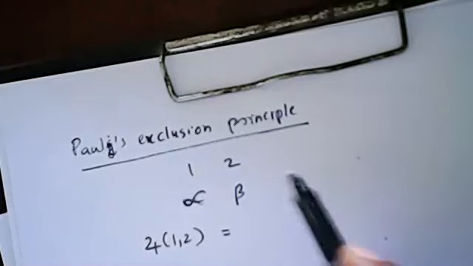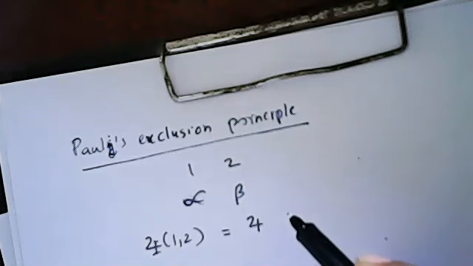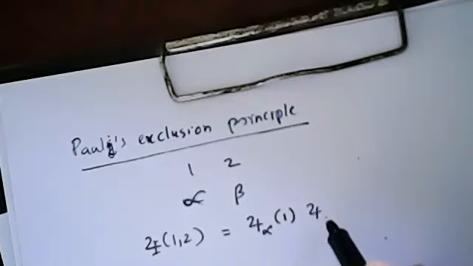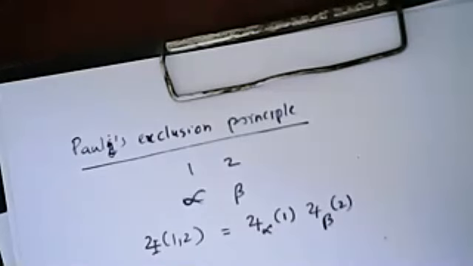Particle 1 is in the alpha state, and the second particle is in the beta state.